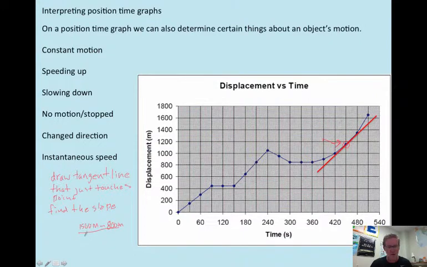And then I picked out 510 seconds and 400 seconds. And that gives us 700 over 110, which gives us a slope of 6.36 meters per second for the velocity that was occurring at that particular moment in time. And so this would be instantaneous speed, where we would find that using a distance time graph.